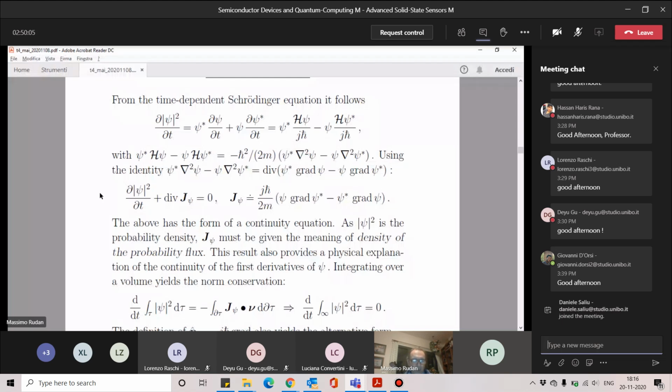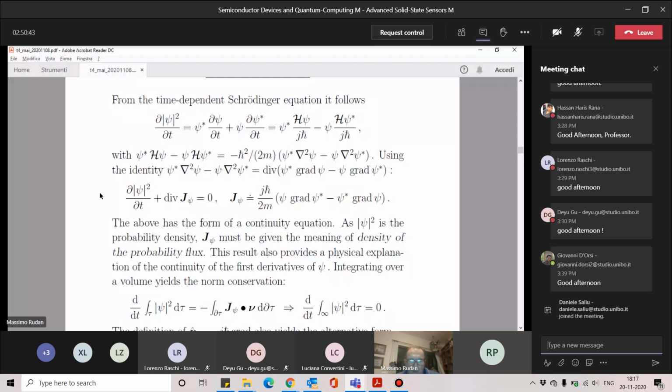Instead of psi modulus square, you have the concentration of the particles, so the number of particles per unit volume. Here you have the probability per unit volume. And in the continuity equation for the particles, J would be the flux. So in this case, J psi is the density of the probability flux.